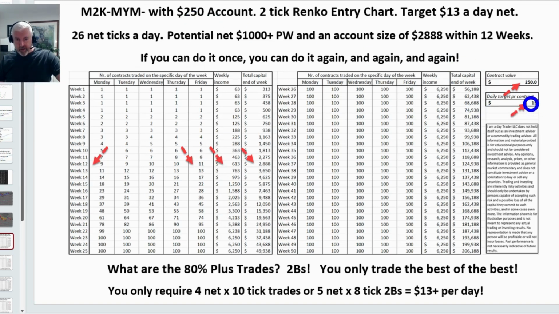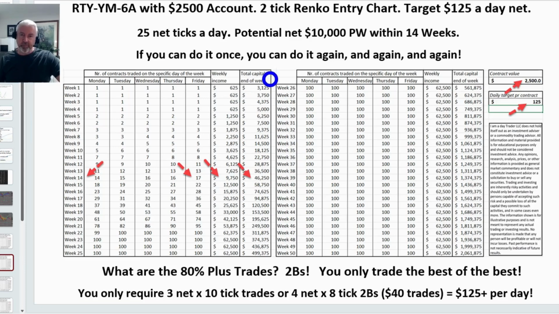Now you start there, $13 a day. Within 12 weeks, you've got the potential of rolling over and starting to trade the big contract, because you've built your account size. Now you're targeting 125 a day, and you've got the potential, as you can see there, within 14 weeks, a $46,000 account, and you're making 10,000 a week.